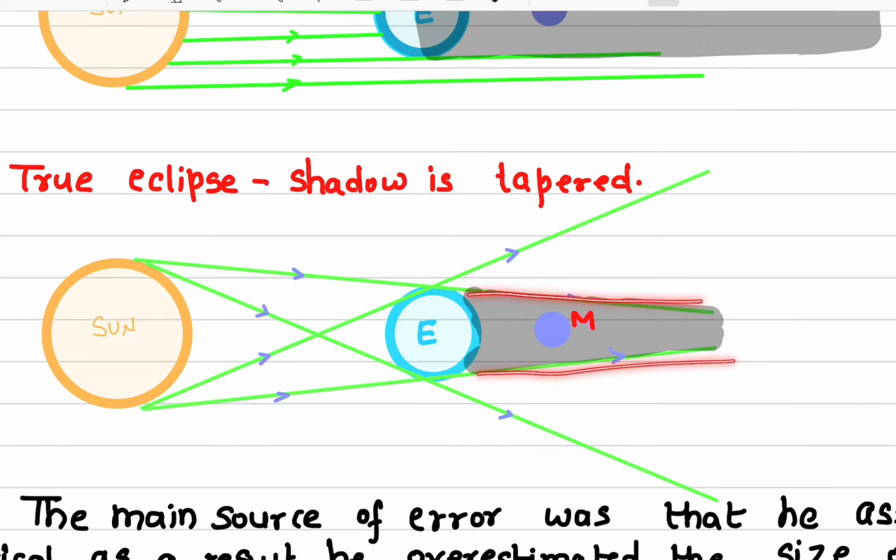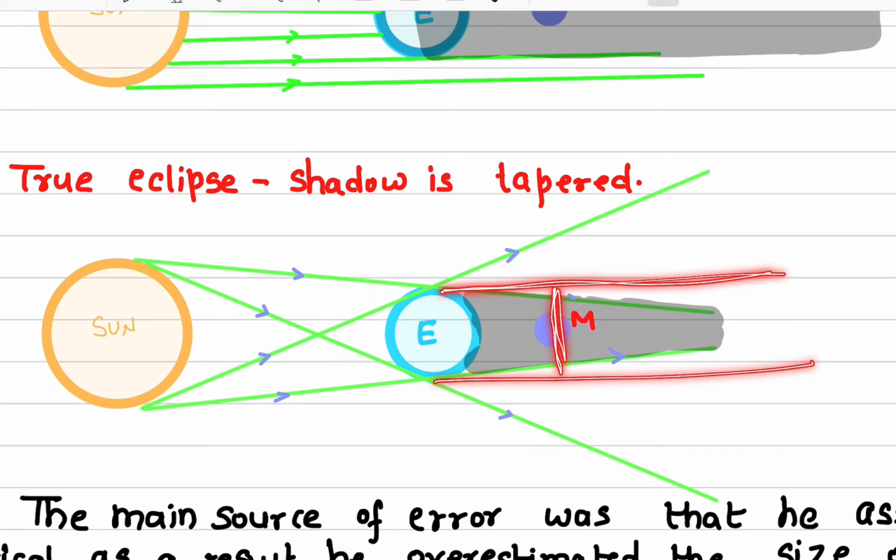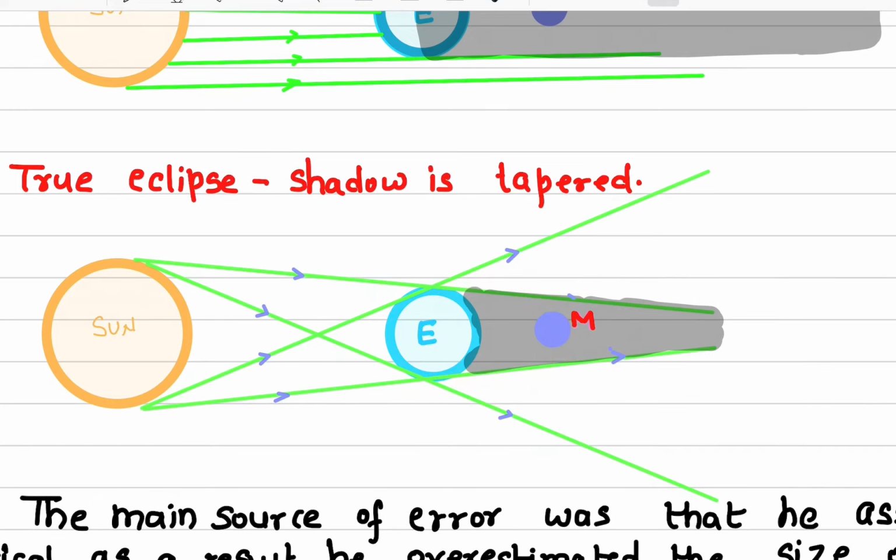Okay. So if you compare with the Aristarchus model, it looks like this. That means he overestimated the length of the shadow. But in the case of the true eclipse, the length of the shadow is significantly smaller than what Aristarchus measured. So that was the error.